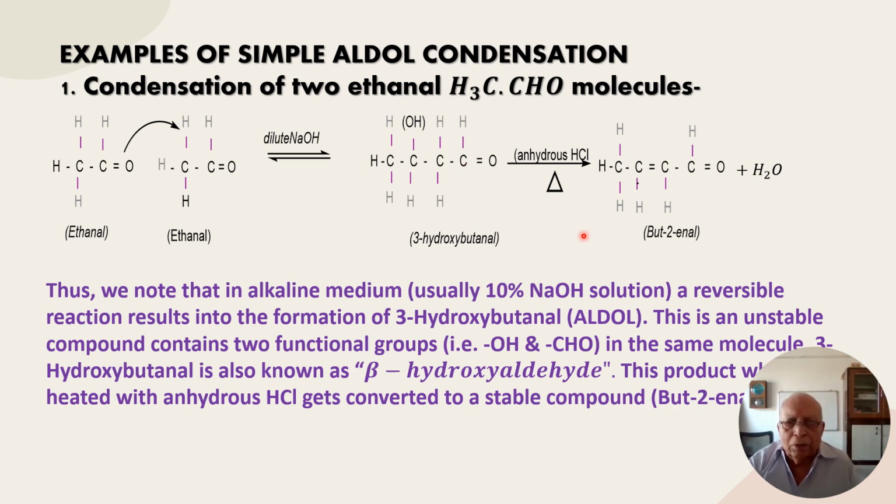In presence of an acid, anhydrous conditions meaning HCl gas, hydrogen chloride gas, and a little heat may be necessary, it gets converted to a stable compound, in this case but-2-enal, with loss of a water molecule. Water is released. And this hydroxybutanal is also known as beta hydroxyaldehyde.